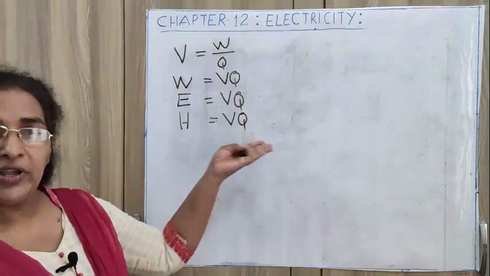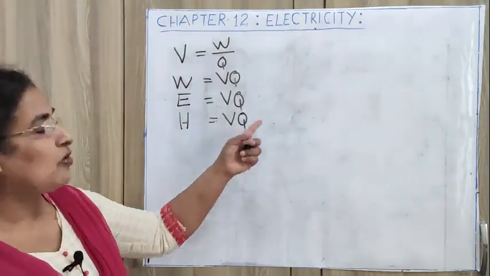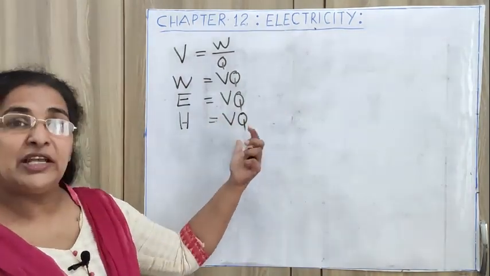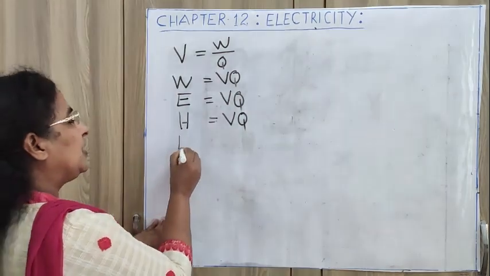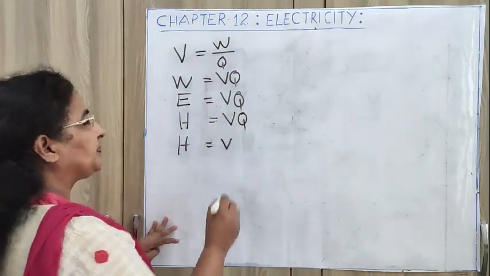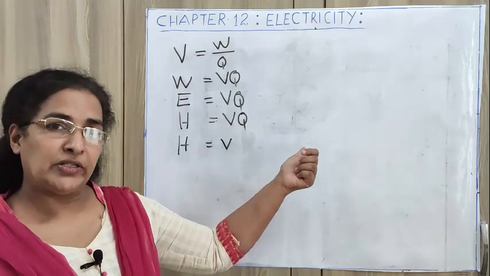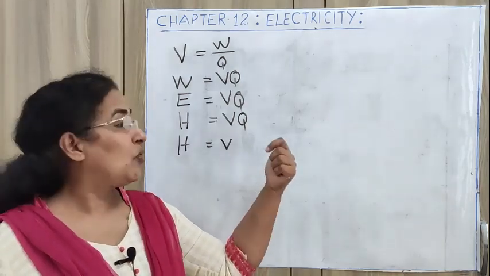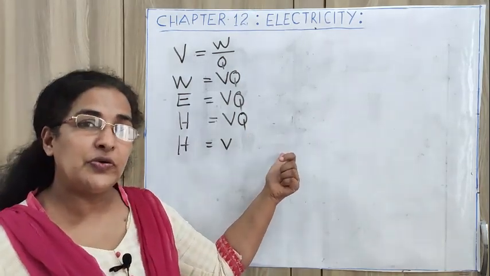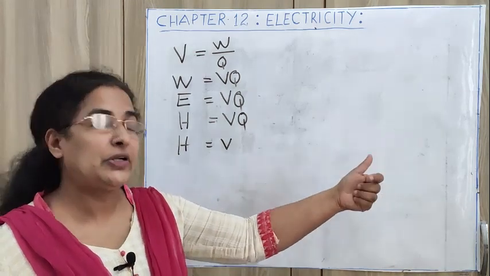And we can change the expressions in many ways. Look here, H is equal to V times Q. One more expression you know for Q. What is that? Q is equal to IT, current into time.